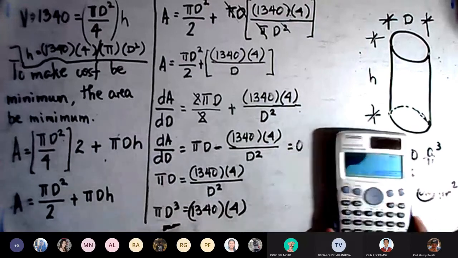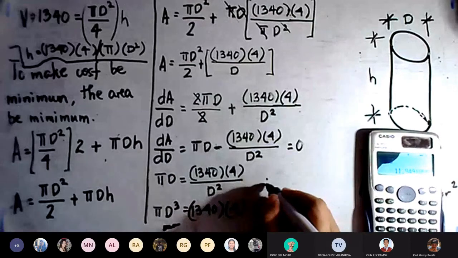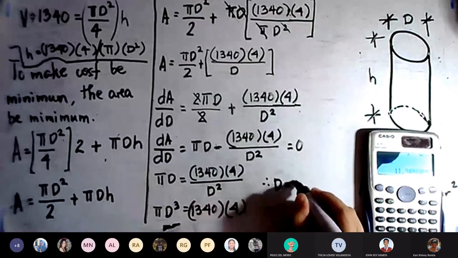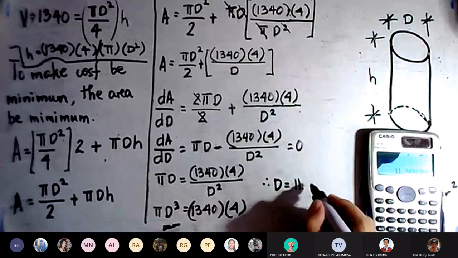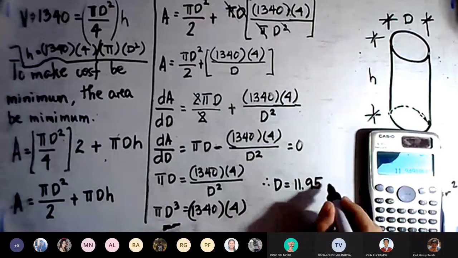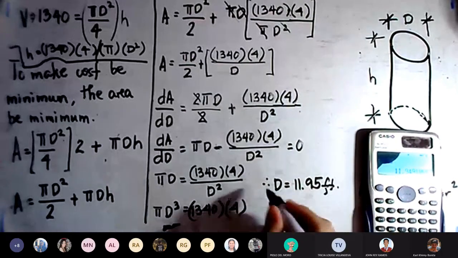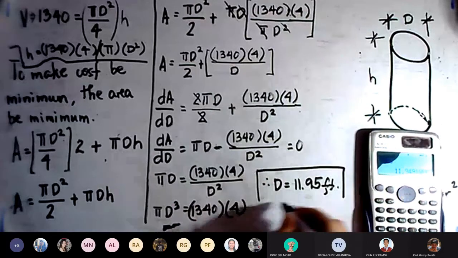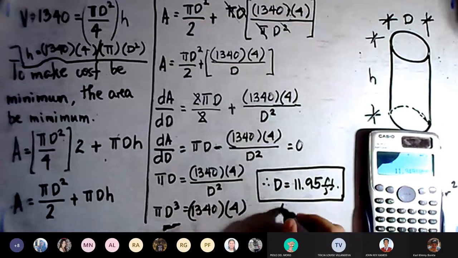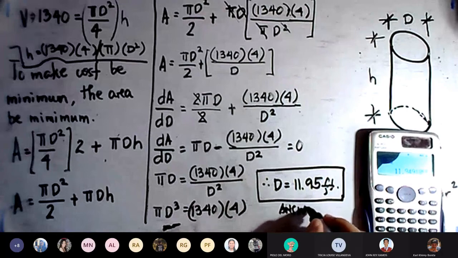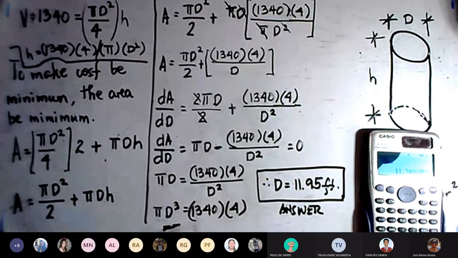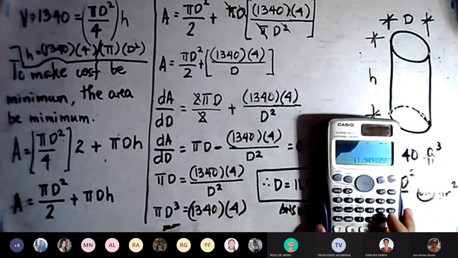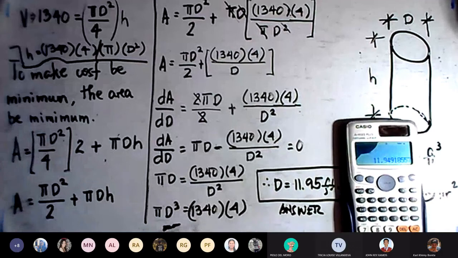And therefore, we will have the value for d, which is equals to 11.95. And we are going to set this to be in feet. This will be our answer. So we have 11.95 feet.